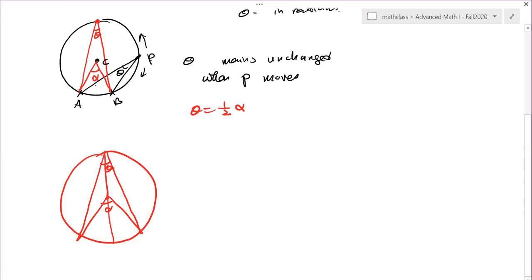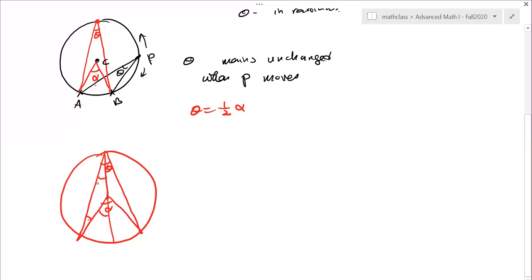The reason is, you can think about this: these two angles will be equal to that angle, because this is an isosceles triangle. Those two angles will be the same.